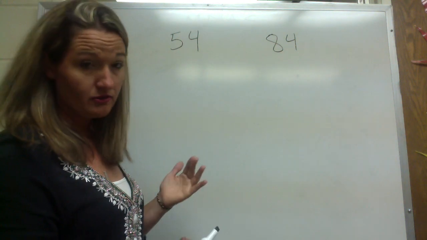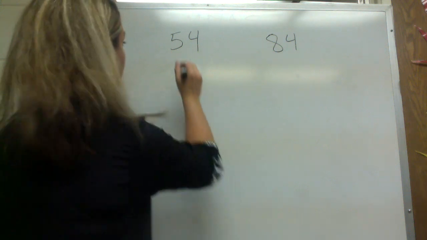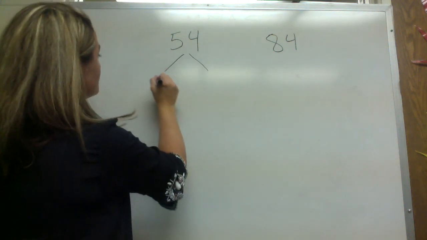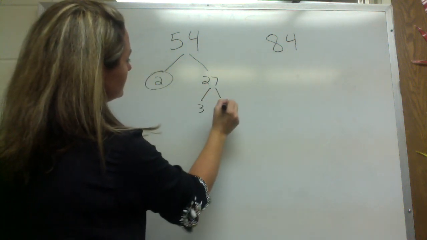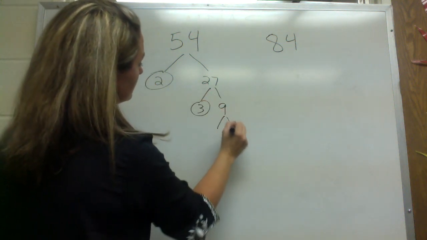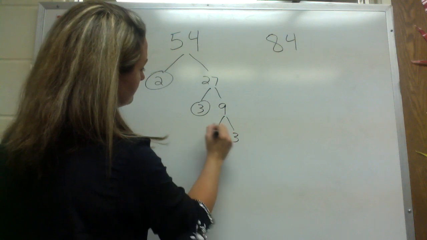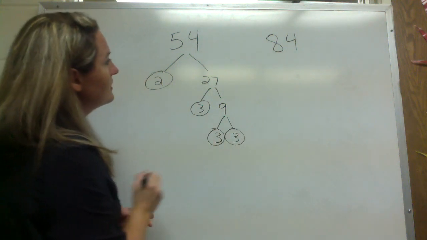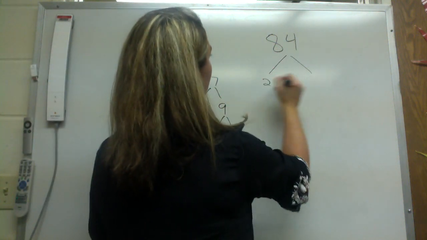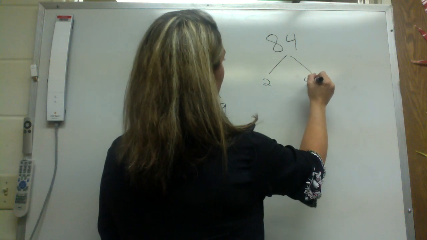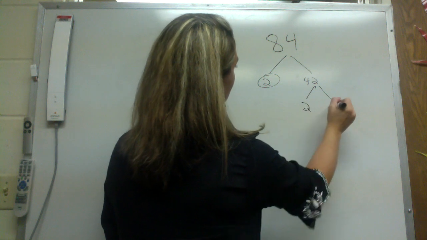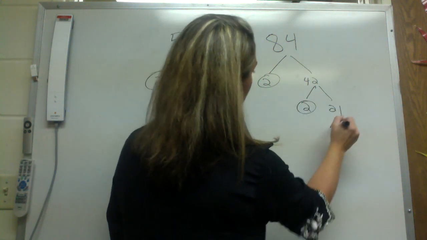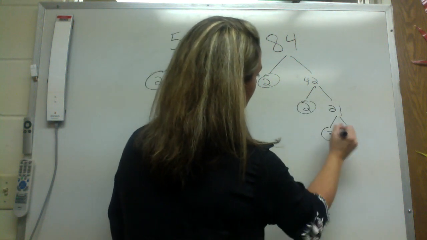We covered that a little bit ago, so you should be an expert at factor trees. 54 is 2 times 27. Remember, circle the prime numbers. 27 is 3 times 9, and 9 is 3 times 3. Then 84 is 2 times 42, and 42 is 2 times 21, and 21 is 3 times 7, prime.